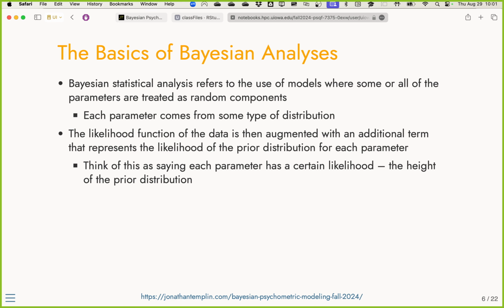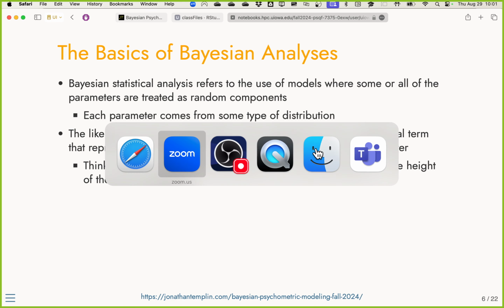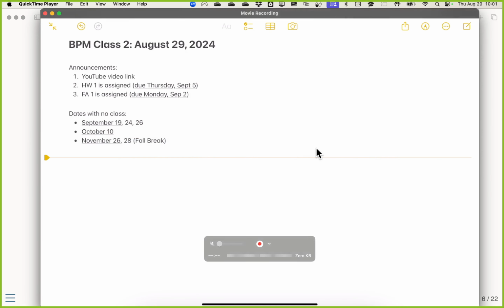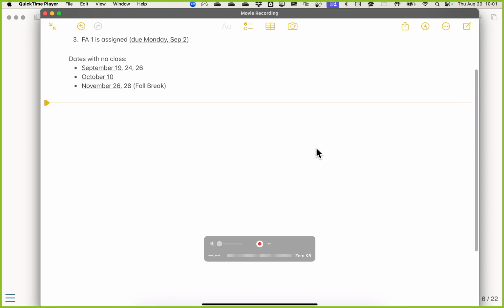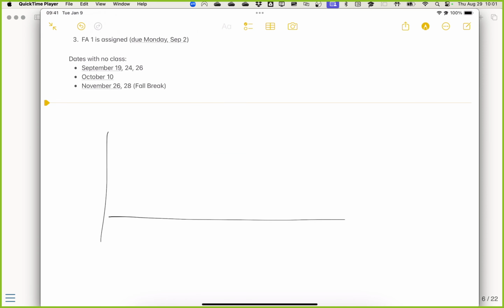When you think of a prior distribution, let me see if I can draw this. So if you have a distribution here, let's say this is a parameter, we'll call it beta 0. We'll call it the intercept of a basic linear regression, right? And let's imagine we have a prior distribution on it. Hey, that looks somewhat normal. Probably not exactly, but that looks normal enough, right?